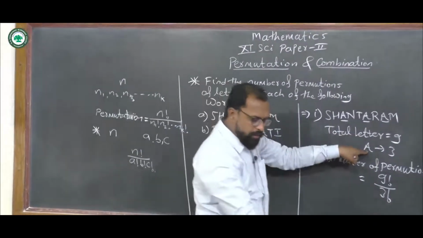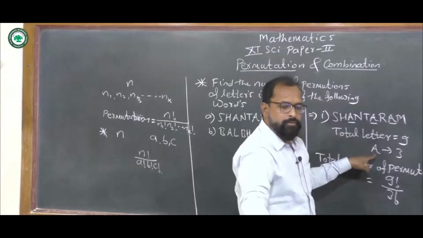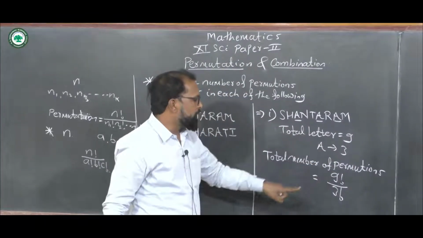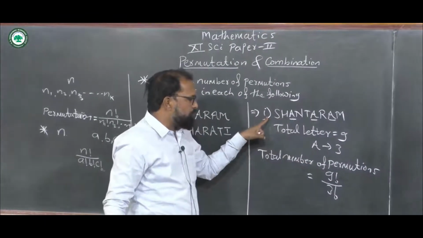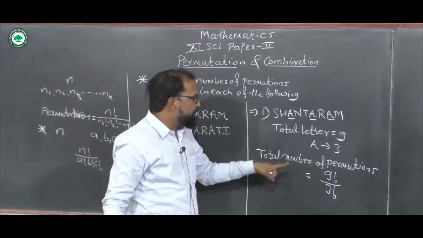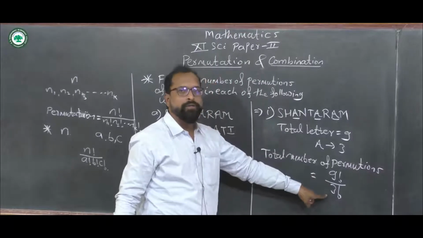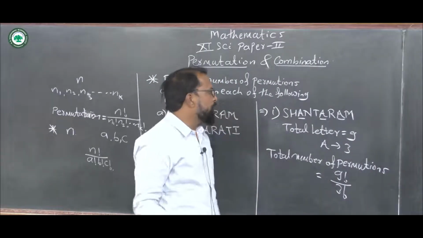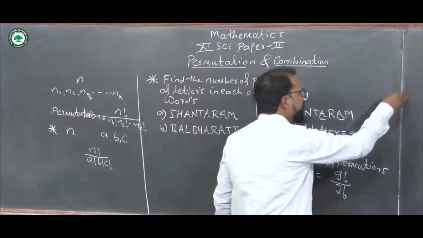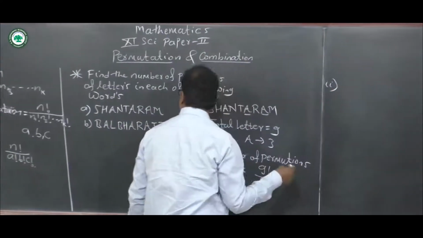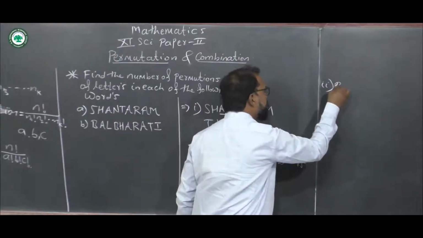In this way we get the total number of permutations of the letters from the word Shantaram as 9 factorial upon 3 factorial.